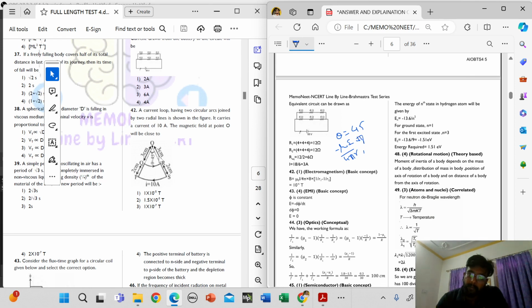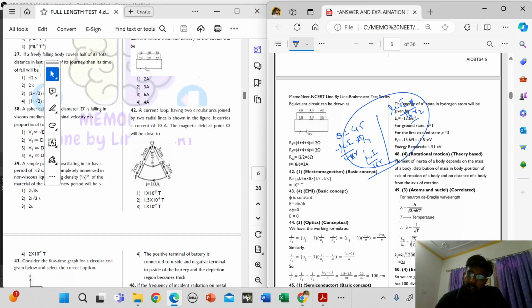Theta is 45 degrees, that is pi by 4. That pi and pi cancel. Mu naught I upon 16R. Okay, and the same for the other: mu naught I2 upon 16R2.